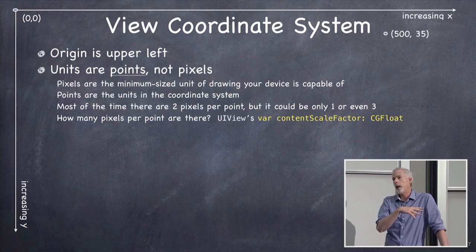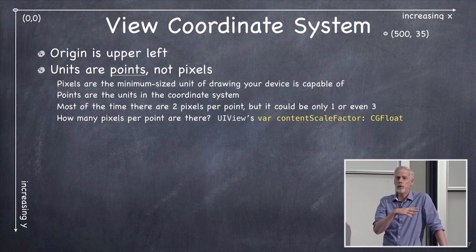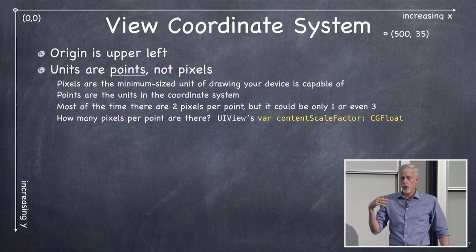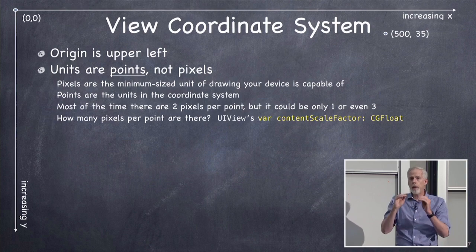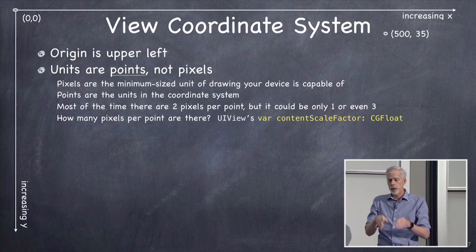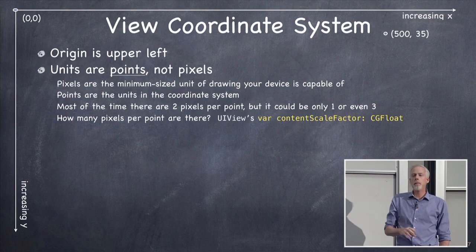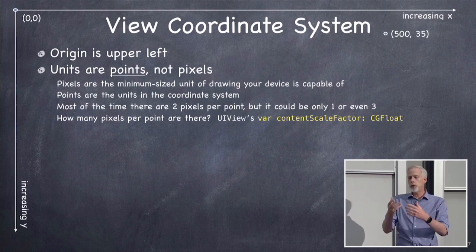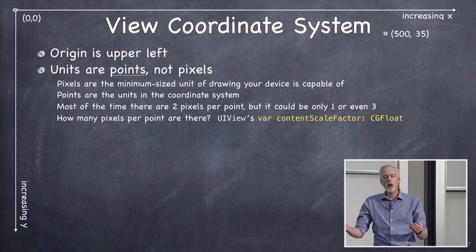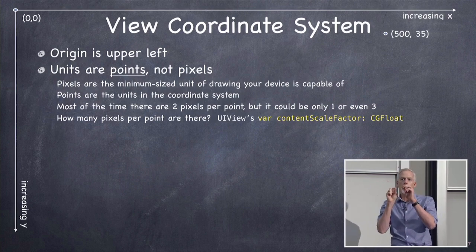And the older ones, like the iPhone 4S maybe, or maybe all the way back to the 4, would be 1. Some of the older iPads would be 1. The newer iPads would be 2. So if you're doing anything where you have to pay attention to the number of pixels per point, this is what you need. Now the great thing is, most of the time you don't care, because when you're using iOS to draw with a font, it's automatically going to do super smooth curves.